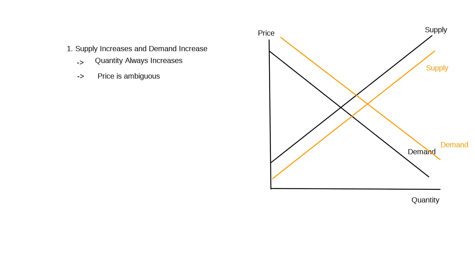Scenario 2, supply decreases and demand decreases. What happens here? Well, if supply decreases, then we're going somewhere over here, and then demand decreases somewhere over here.